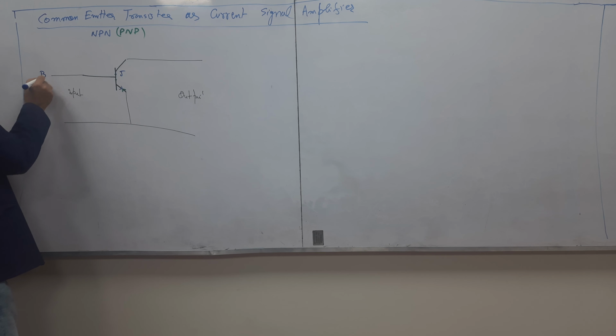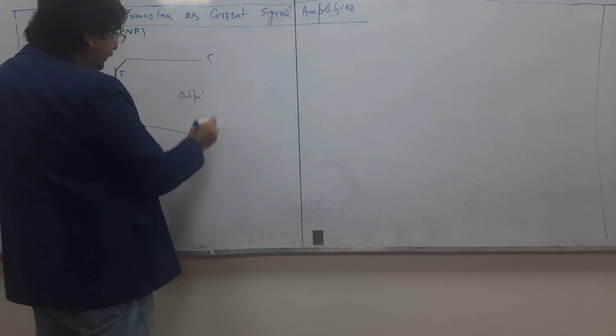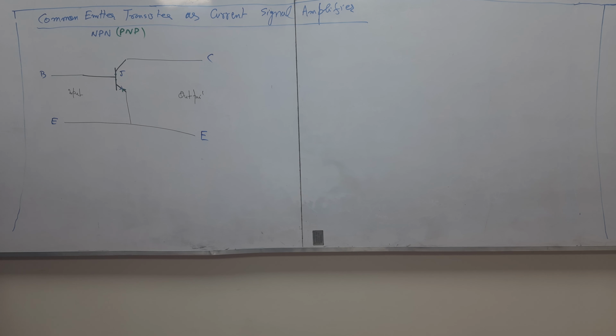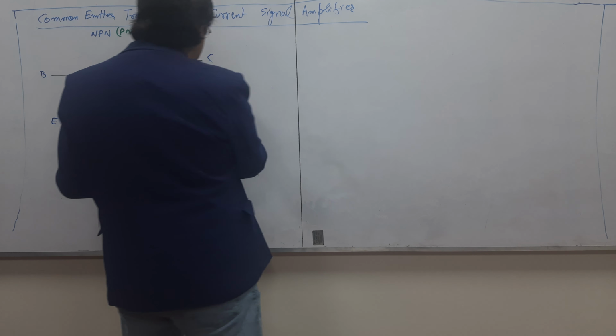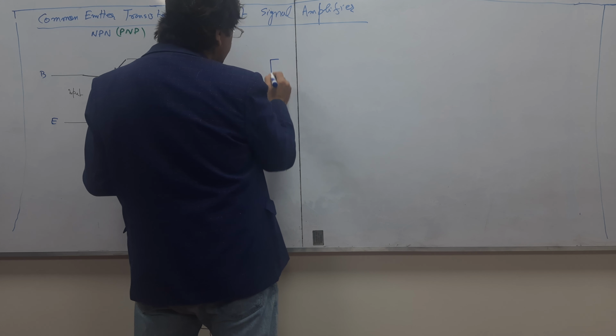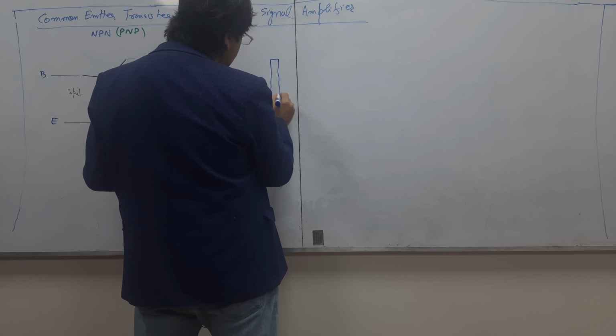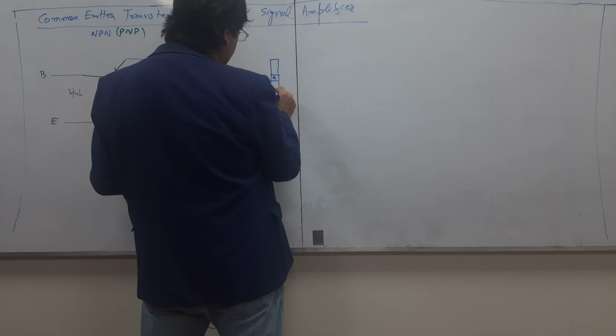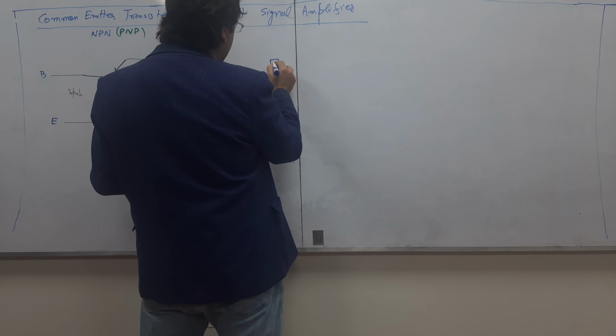This is the base, this is the emitter, this is the collector, and this is the emitter. So this is actually the common emitter transistor. You may say that this is base, emitter, and collector.